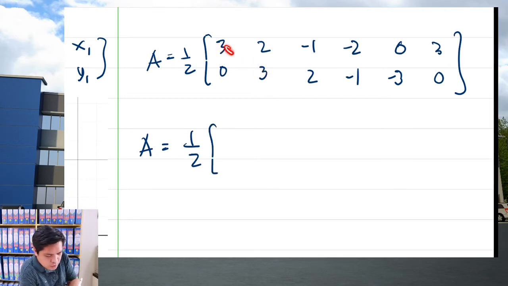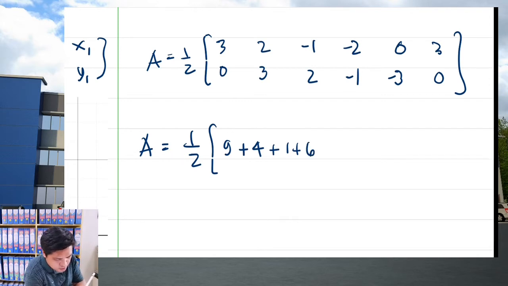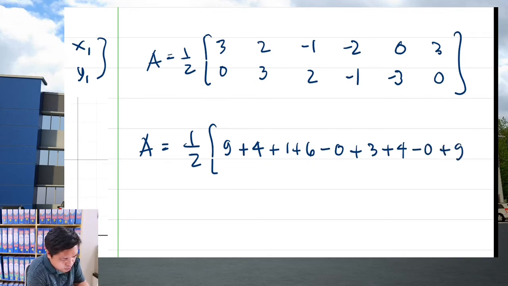3. So kahit di ko na, you know what I'm doing? This. Okay. So that would be 9 plus 4 plus 1 plus 6. Then minus 0 minus 0 minus negative 3 minus negative 4, then minus 0, then minus negative 9.